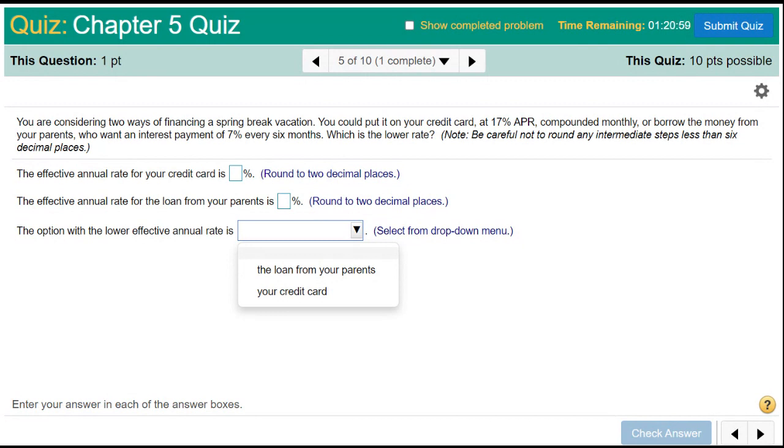Did anybody see anything on that midterm that they had not seen before? No. The numbers are going to be different, and that's what throws everybody off.